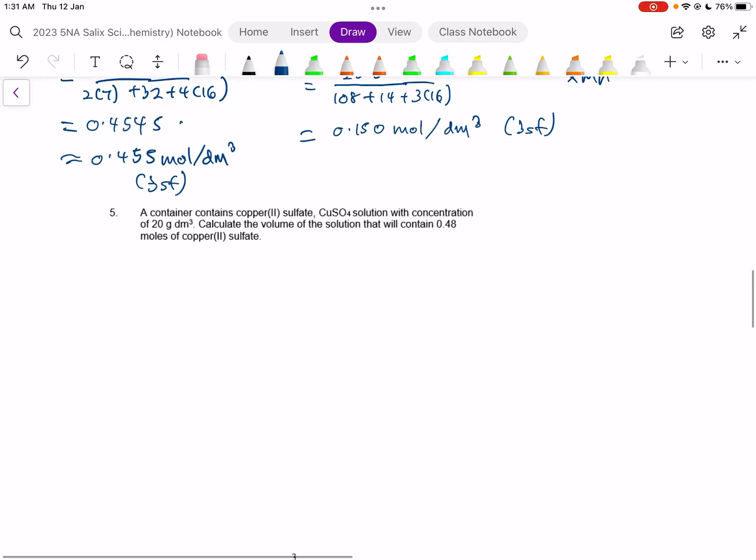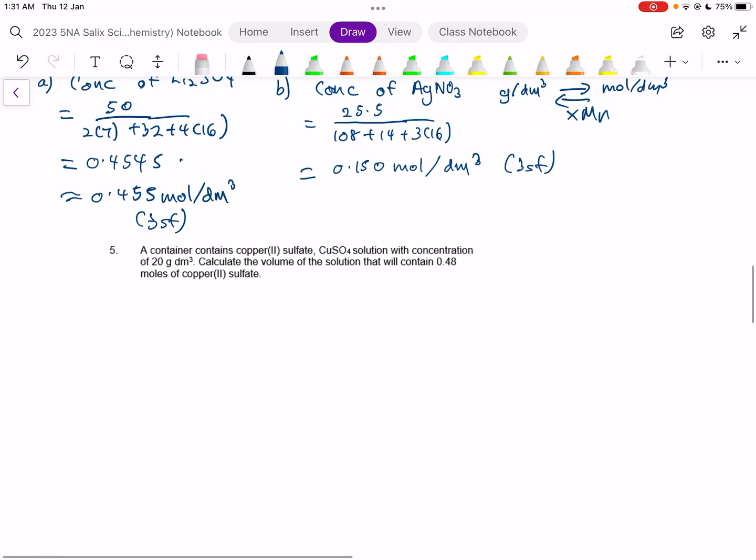Now question number 5. A container contains copper 2 sulfate solution with this concentration. Calculate the volume of the solution that contains this. Your concentration is given in gram per dm cube.